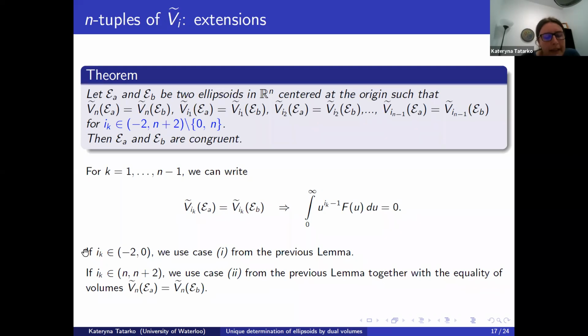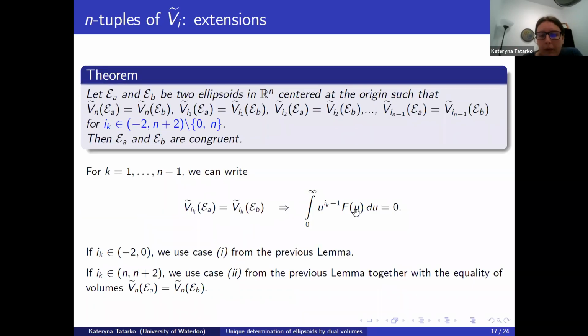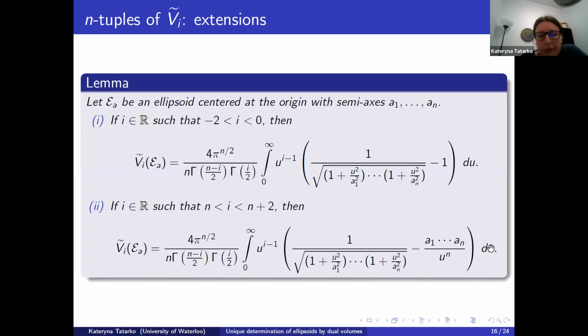Now, if index I lies outside of that interval, first, if it belongs to the interval from -2 to 0, we can use this first expression. When we move both integrals to one side, this constant just cancels out. So again, we will be able to write them in this form. The difference is in the case when the index is in the interval from n to n+2; then we will need to use the Polovin representation.